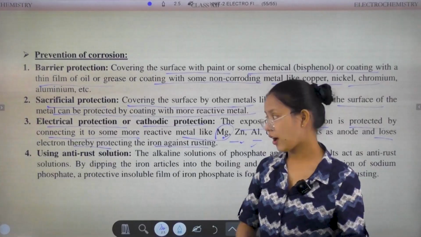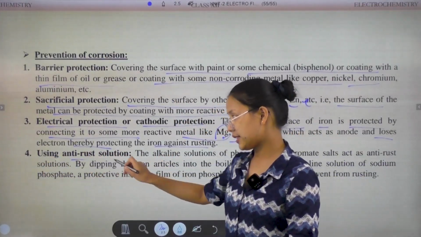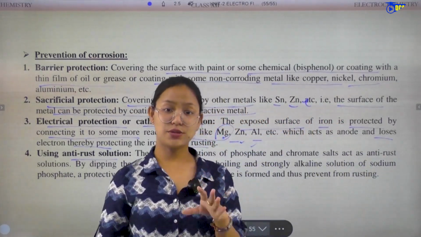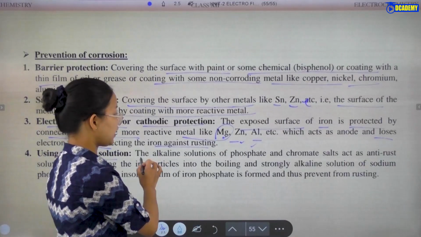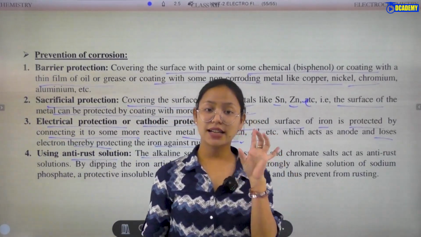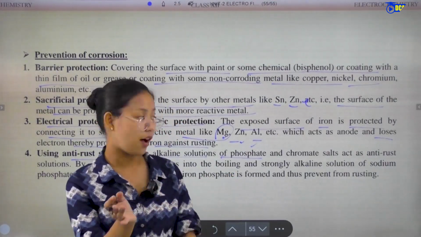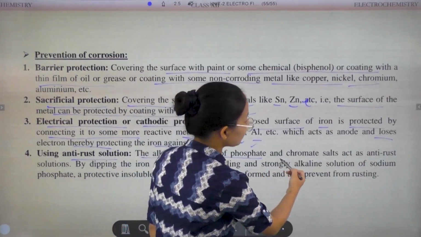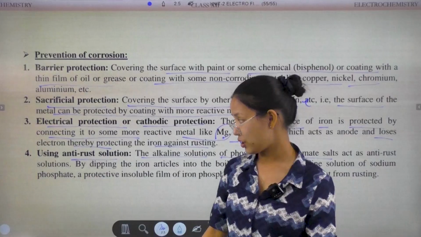Next and last point, using anti-rust solution. Here the alkaline solutions of phosphate and chromate solutions act as anti-rust solution.